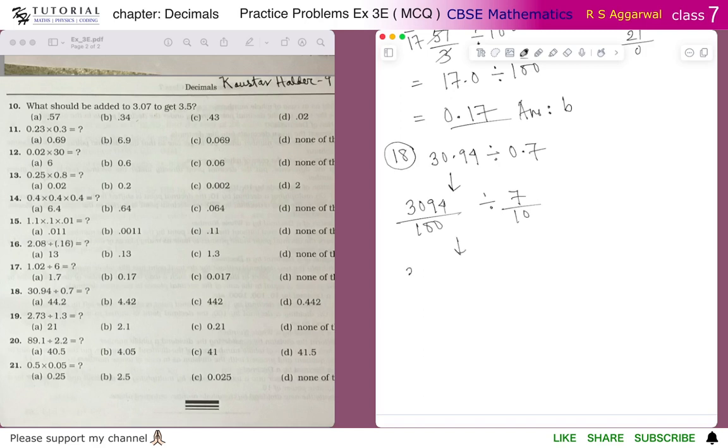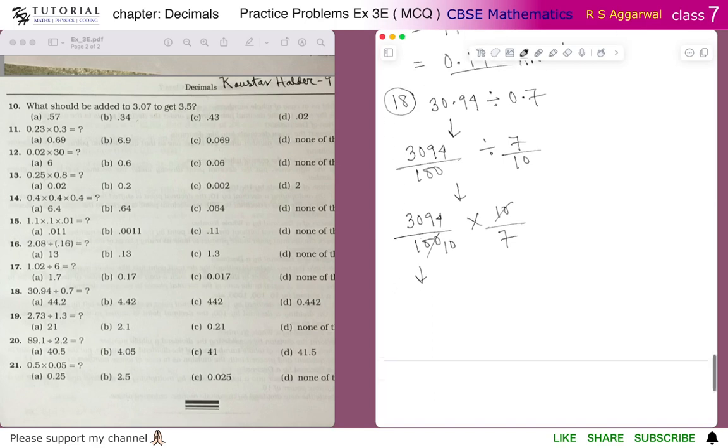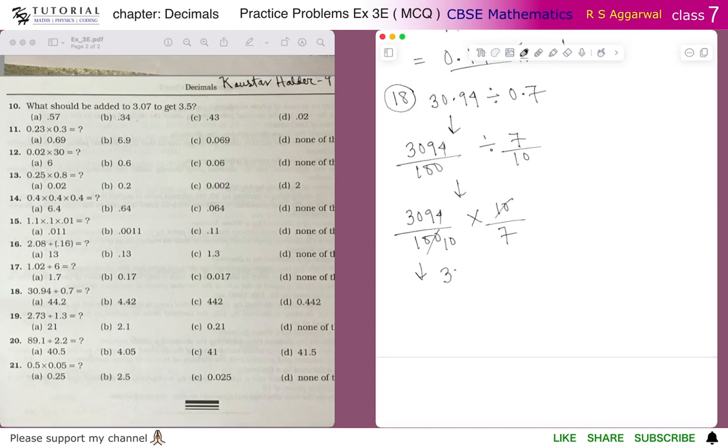Now 3094 by 100 multiplied by 10 by 7, and you cancel out the powers of 10. So this now becomes 3094 by 7 multiplied by 1 by 10.